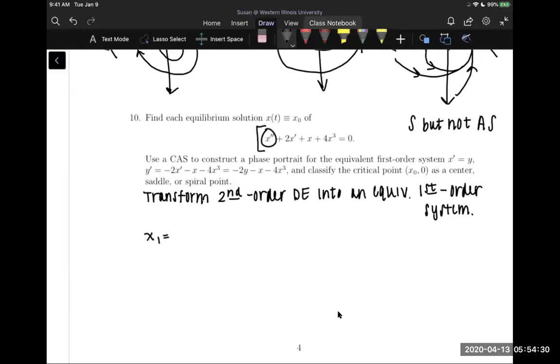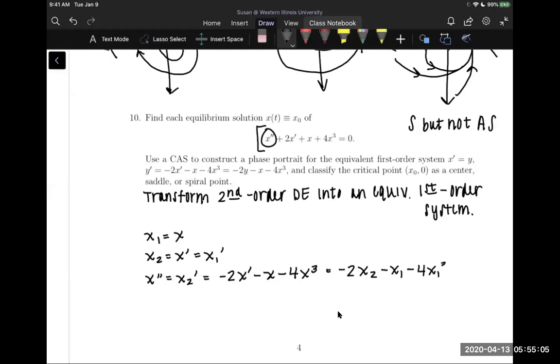So let's let x1 equal x. Let's let x2 be the first derivative, which is x1 prime. And then the second derivative will just be x2 prime, and that's going to equal negative 2x prime minus x minus 4x cubed, which is minus 2x2 minus x1 minus 4x1 cubed.